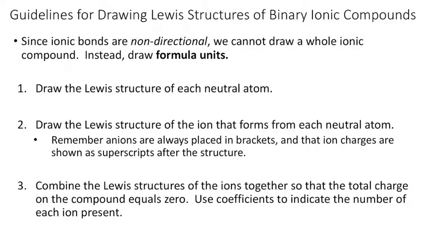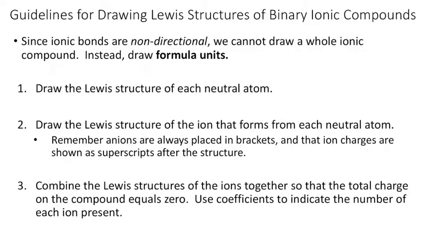And of course, it might be helpful at that point to have a periodic table handy. The other thing to remember is that when you draw Lewis structures of ions, anions, the negative ions, are always placed in brackets. And the charge of each ion, both cation and anion, is written as a superscript after the Lewis structure of the ion itself.